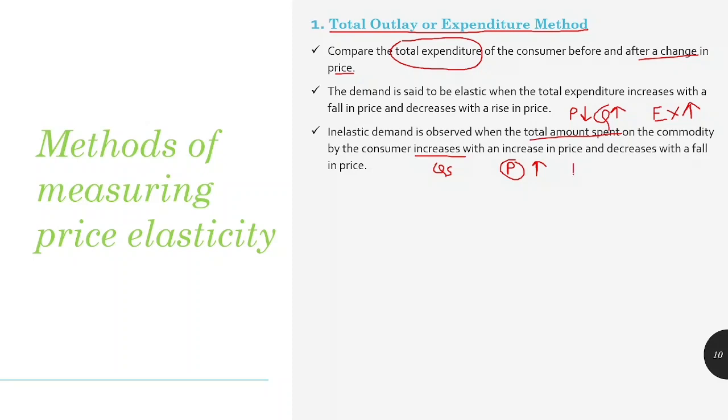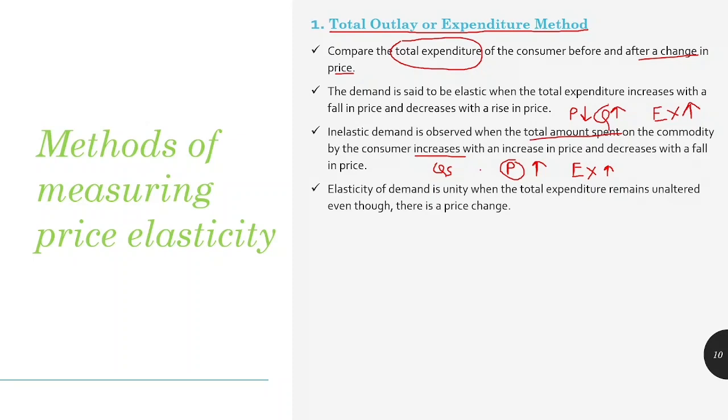So the price is increasing, and therefore the money you are spending to buy the same quantity will increase. So expenditure is increasing with an increase in price. Similarly, if there is a decrease in price, then there will be a decrease in expenditure.